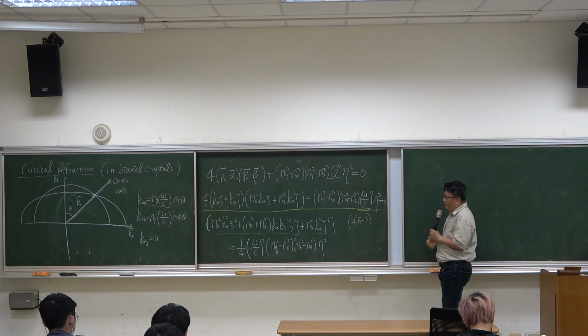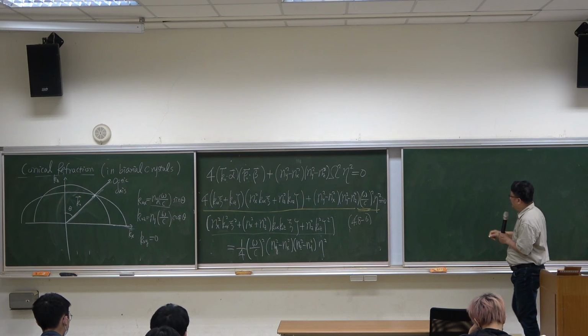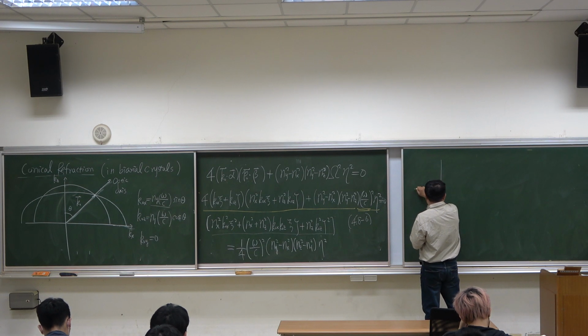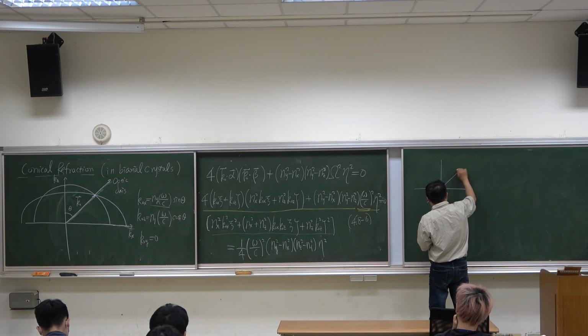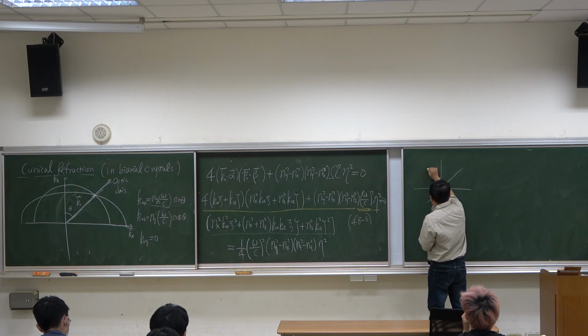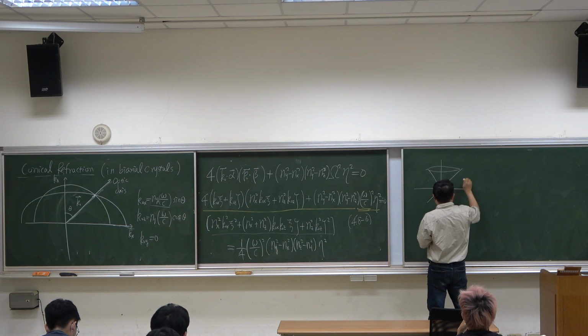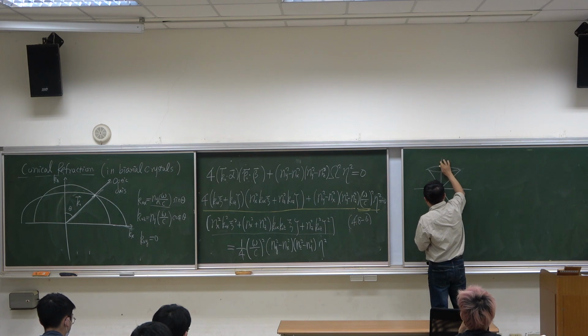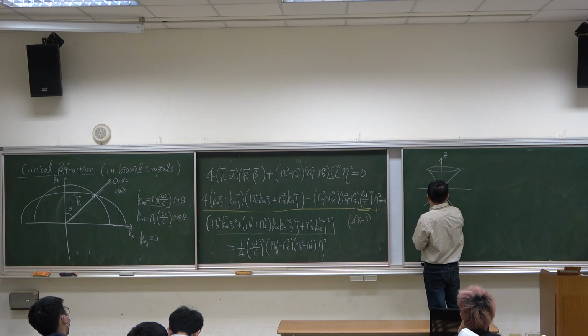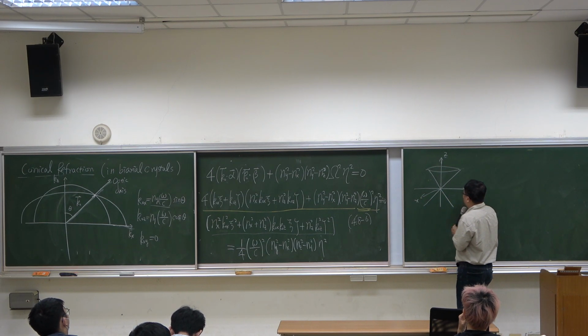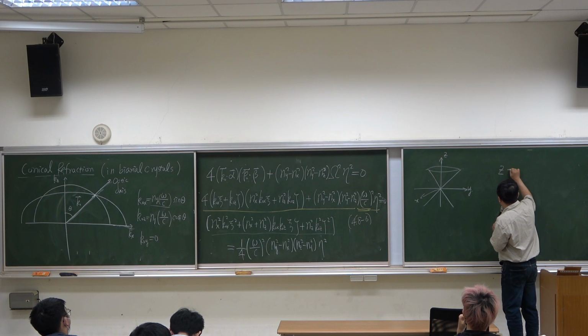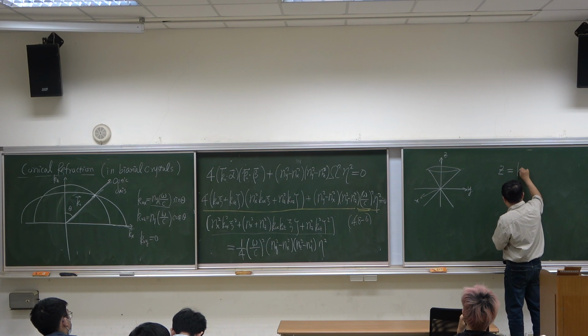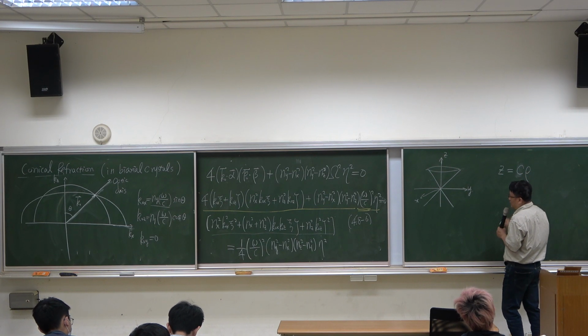Let me show you a simpler example. Suppose I have an equation of this form. x, y, z is equal to k times c times rho.